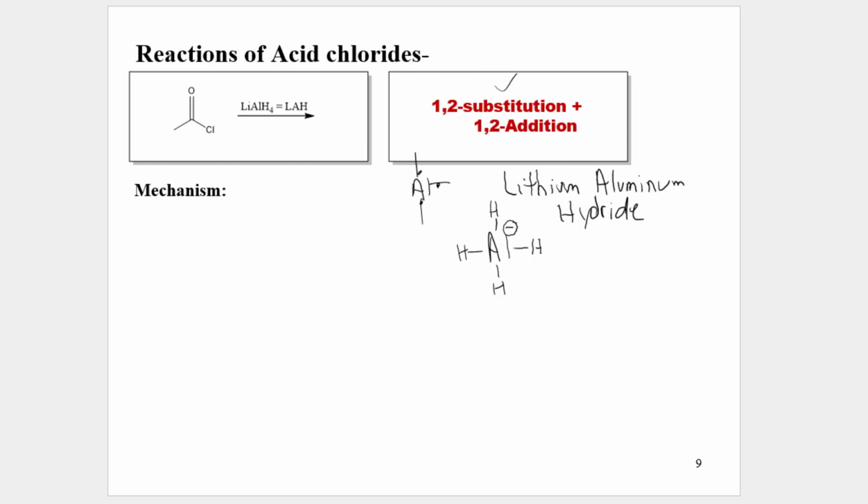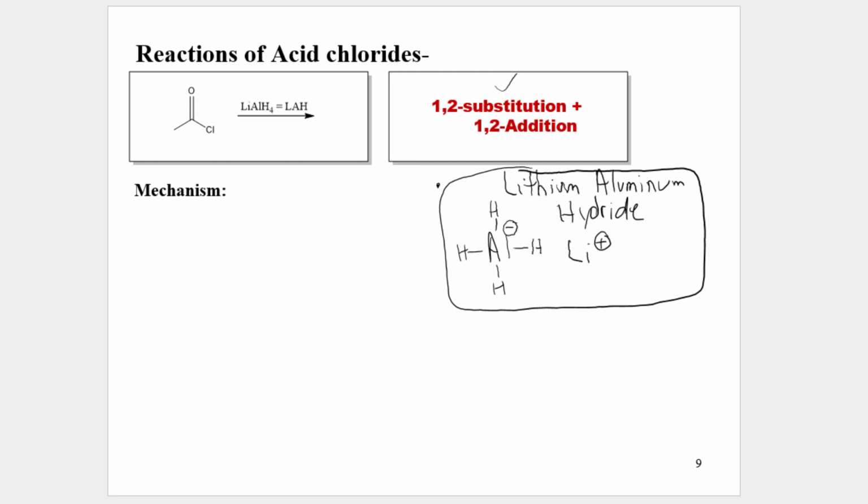The counter ion is lithium. So lithium aluminum hydride. What this means is that aluminum is not very happy with the 4 bonds. It thinks it wants an octet, but it's not happy with it. So in solution, what's going to occur is that the aluminum needs to get rid of one of the hydrogens.